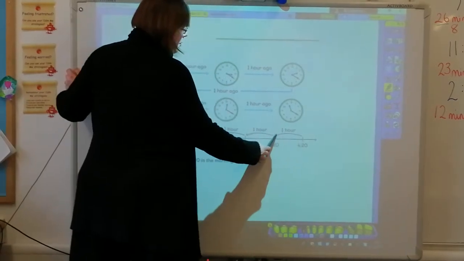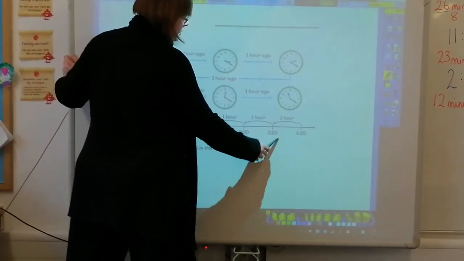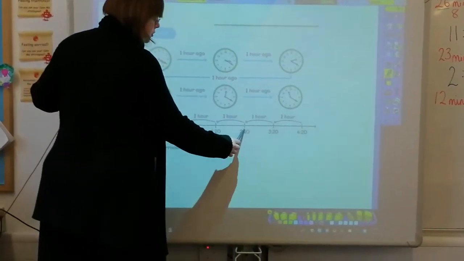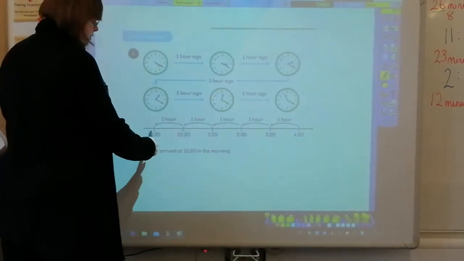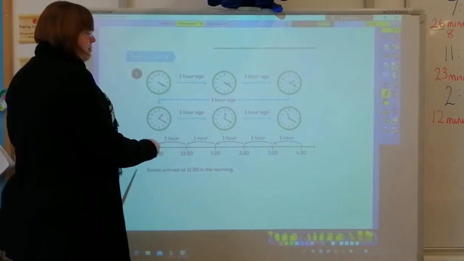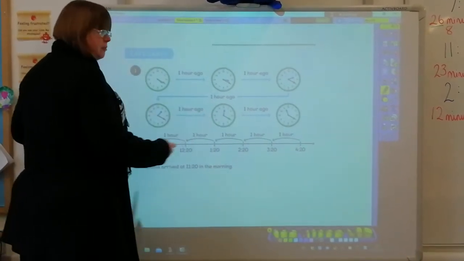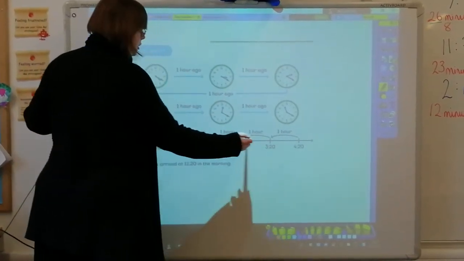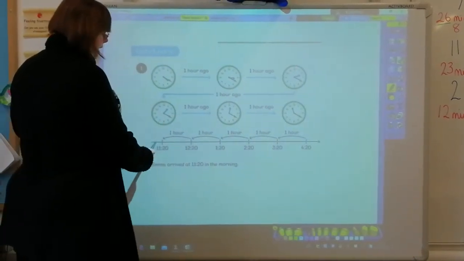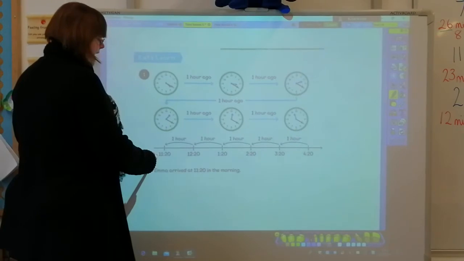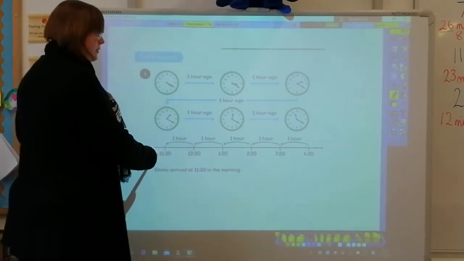We're going to come 1 hour back to 3:20, 2:20, 1:20, 12:20, 11:20. To work out how many hours she's been there, you have to count the jumps: 1, 2, 3, 4, 5. So she arrived at 20 past 11 in the morning because she spent 5 hours there.